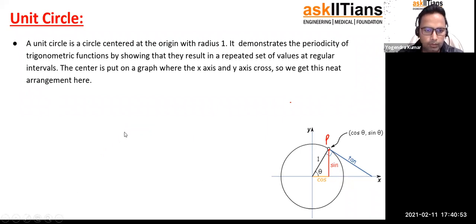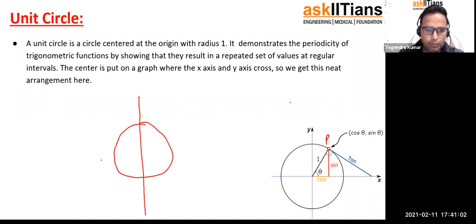I'm taking a circle, let's assume it is a proper circle. Here there is a point, something like this, and its radius is r, but we are taking r as 1. This point is P, let's say, and we have OP. Now if I make a perpendicular here, you can see this is a right angle, and this is A, let's say.